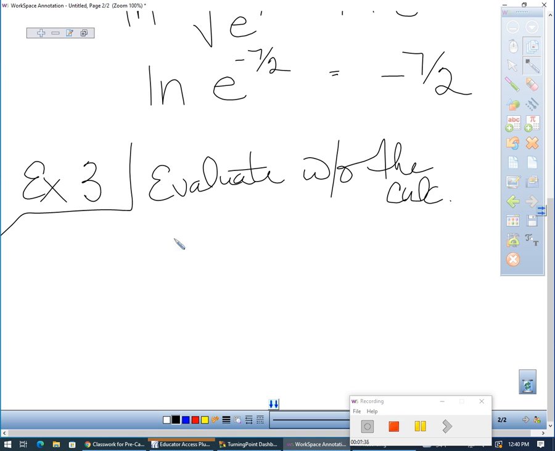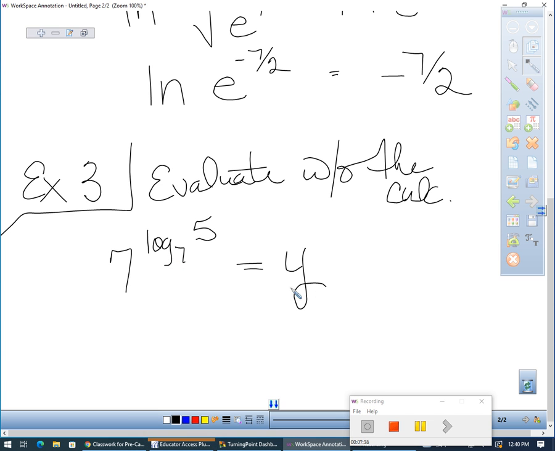And what if we have 7 to the log base 7 of 5? All right, so this is an exponential form, right? When we have something in exponential form, we set that equal to y, right? Y equals ab to the x, correct? Okay, so technically I'm going to say this is y.